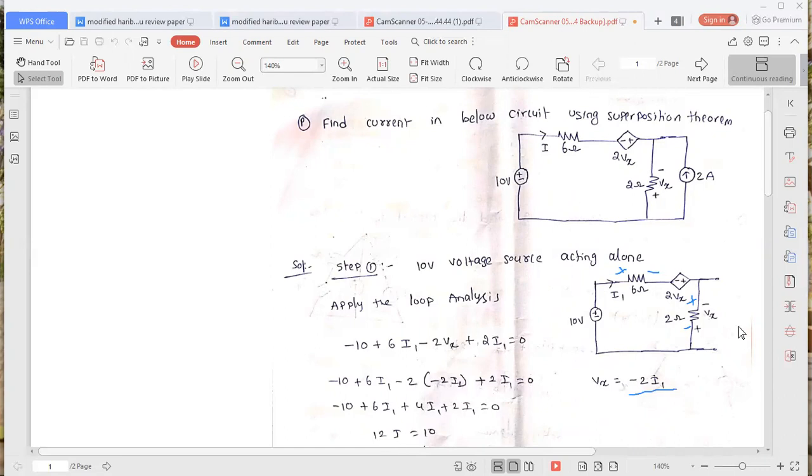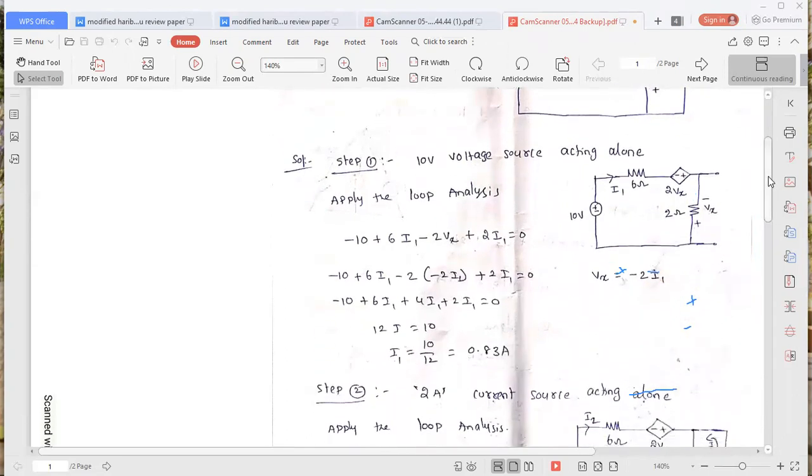Simplifying, 12 into I1 equals 10. So I1 equals 10 by 12, which is 0.83.